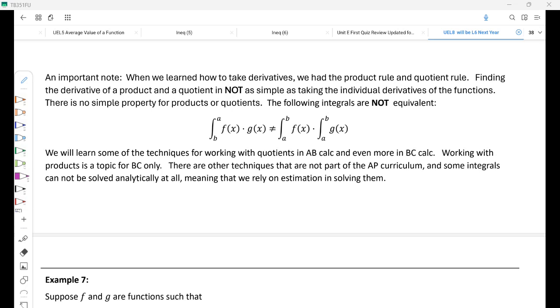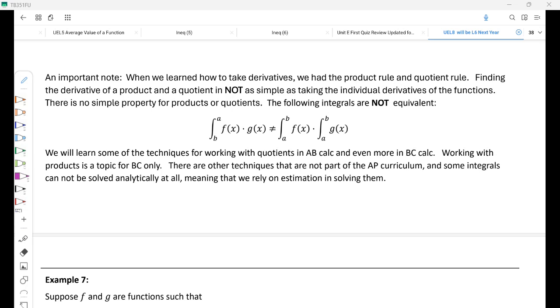Think about that time you had a quotient and you just took the derivative of the numerator and the derivative of the denominator, and I said, no, you need to use the quotient rule. Integrals are more complicated than derivatives, so those same things apply here. We are never going to be able to split by multiplication, by division, exponents, anything like that. It's all more complicated. We're going to learn some of the techniques to deal with quotients in AB Calc.